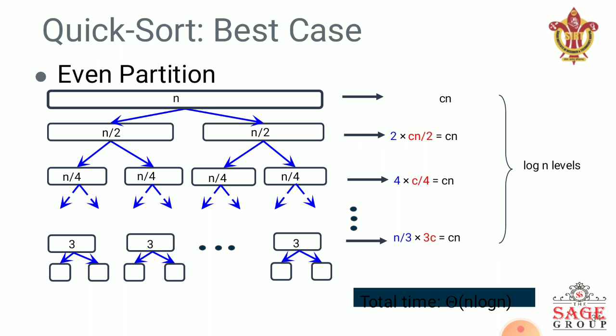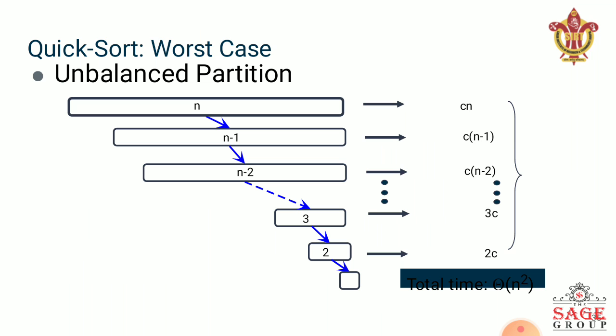But if we have an unbalanced partition, where we are given an already sorted array and we apply quicksort in this condition, then with n elements, the first array requires order of n work.